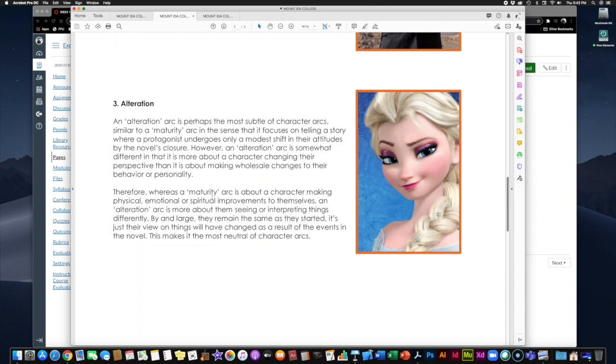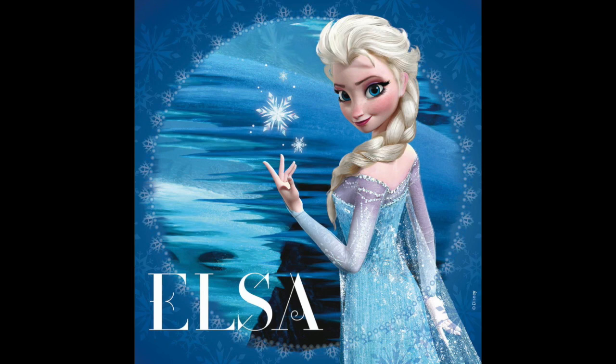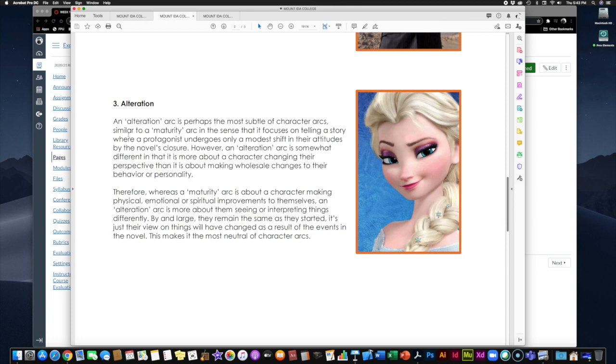Okay, next, alteration. Now, over here, we have the gal from Frozen. And so an alteration arc is perhaps the more subtle arc, right? And similar to the maturity arc, in the sense that it focuses on telling a story where a protagonist undergoes only a modest shift of their attitude by the end of the story.